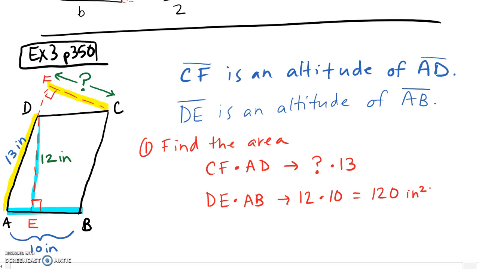All right, so what does that mean? That means that I can set up an equation to find what is missing.